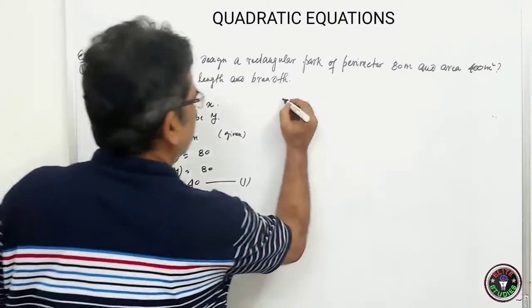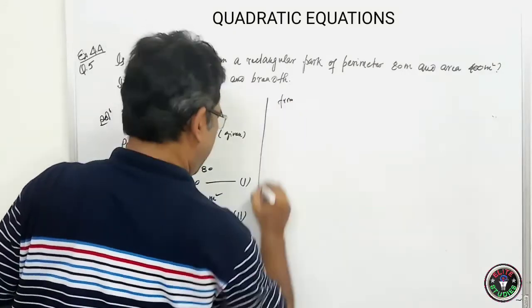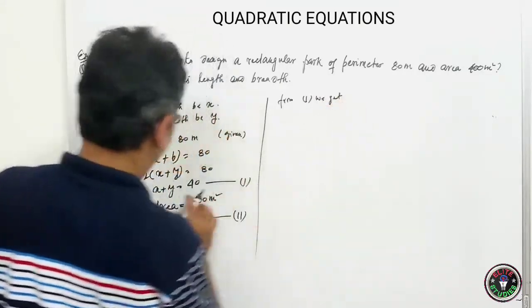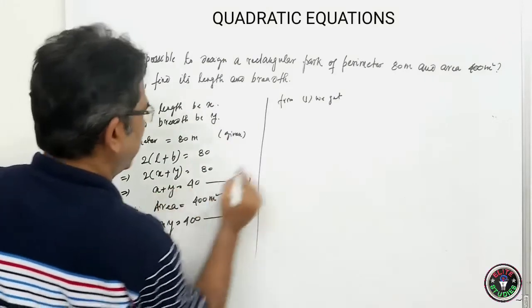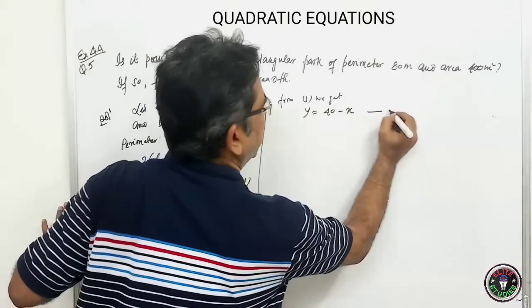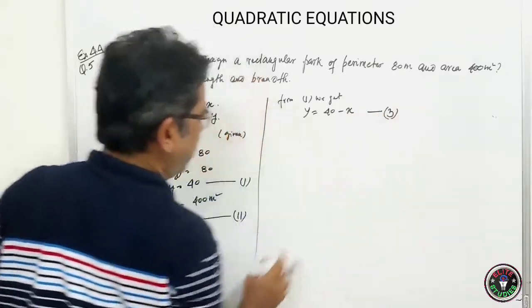So from 1 we get y is equal to 40 minus x. Let this be equation 3 because it will be utilized later.